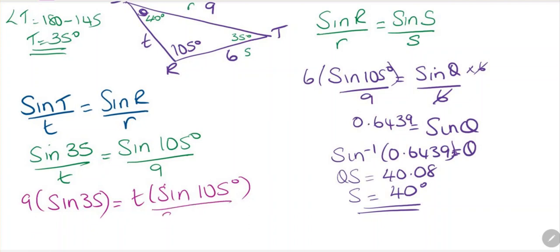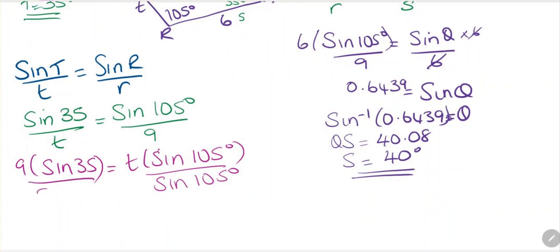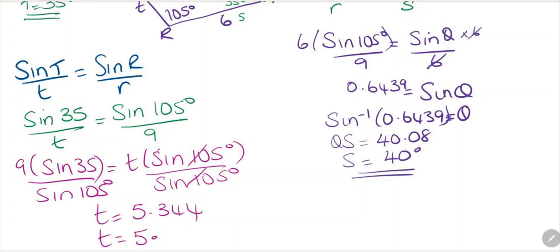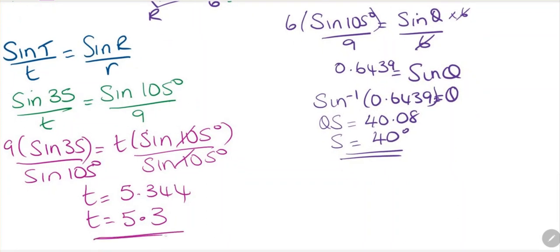And I need to divide both sides by sine 105. So this will simplify. So let's put that into the calculator. So that works out, I'm going to write it the other way around. t is equal to 5.344. So side t is approximately 5.3.